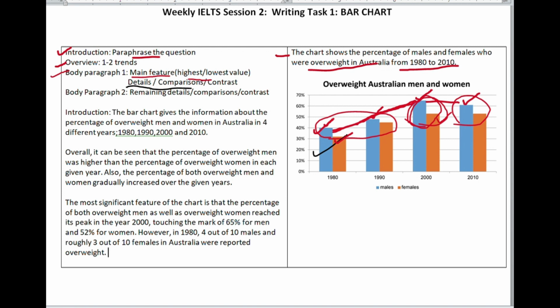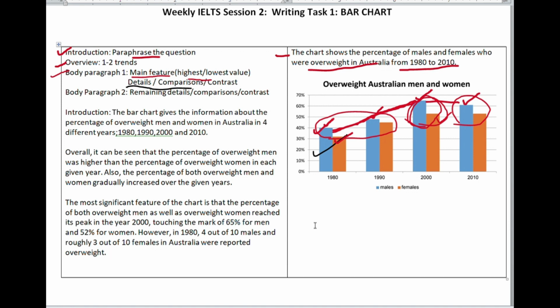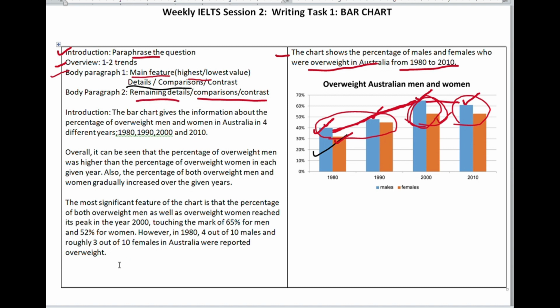Now we have 2 more years to cover, 1990 and 2010. We'll make a separate body paragraph for that. In body paragraph 2 also we have to cover the details. We have to make comparisons and contrasts. We can cover the remaining details in body paragraph 2. Coming here to body paragraph 2.